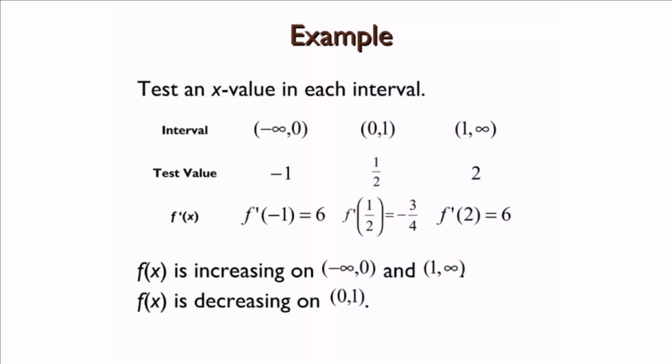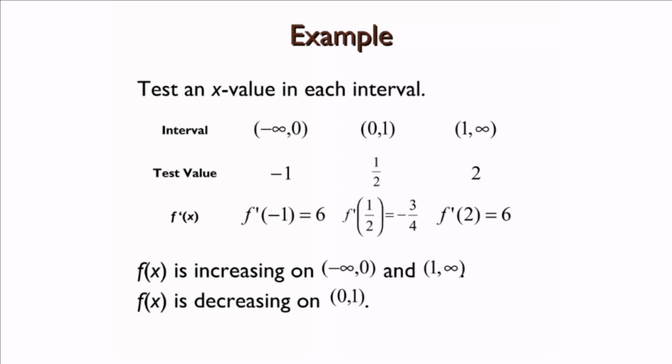Now we have to check the sign of first derivative on each test point. f dash of minus 1 is equal to 6, f dash of 1 over 2 is equal to minus 3 by 4, and f dash at a point 2 is equal to 6.